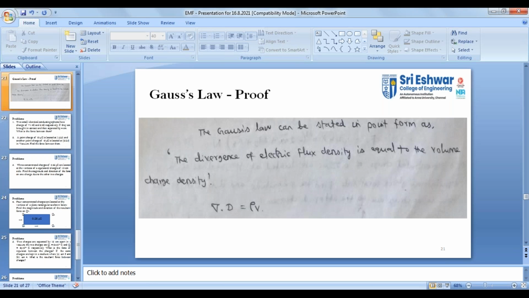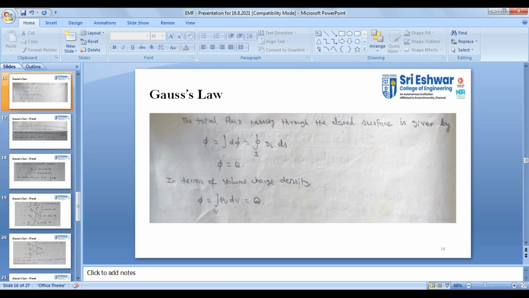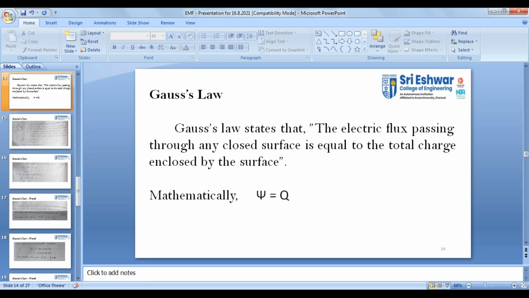So with this we are actually closing our proof. Any doubt in the proof anybody has got? Do you have a doubt in the proof? Before slide I went through. Pavitra, which slide do you want? The derivation slide?